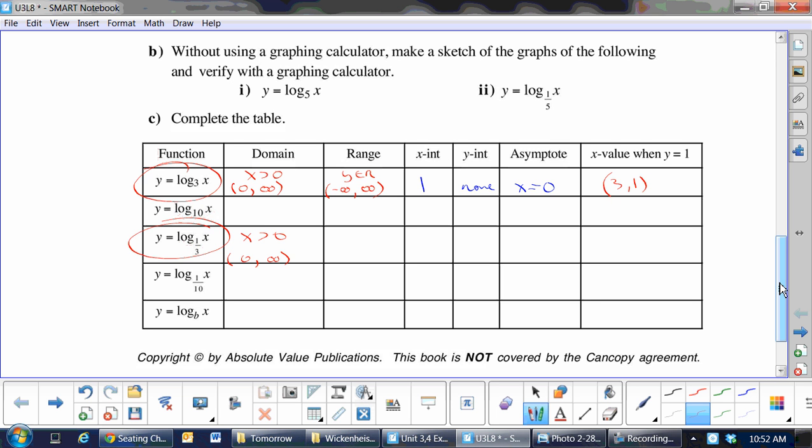What's the range? Does that change? No. Y is in the reals, negative infinity to infinity. X-intercept, still 1. Y-intercept, none. Asymptote, x equals 0. The x value when y equals 1? Well, that's where you're going to get your (1/3, 1).